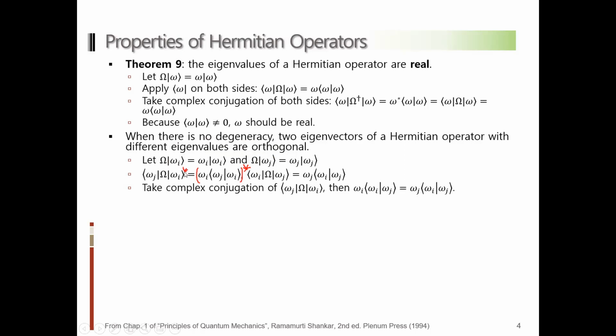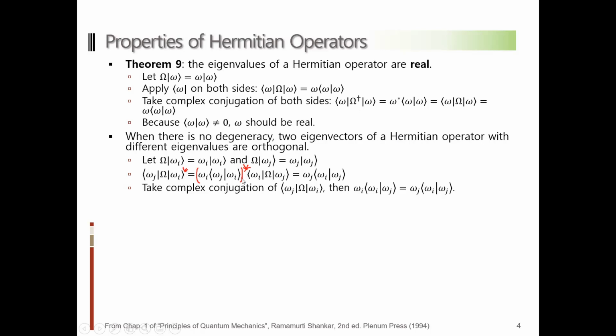The result will be the same as this one, because we already saw that the complex conjugation of the inner product means that everything will change their location, and the linear operator will become the dagger, or adjoint, of the original operator. But we are assuming that the operator we are considering is a Hermitian operator. So that dagger will be cancelled. So the complex conjugation of this is the same as this one.